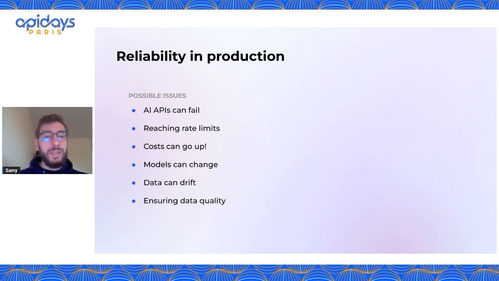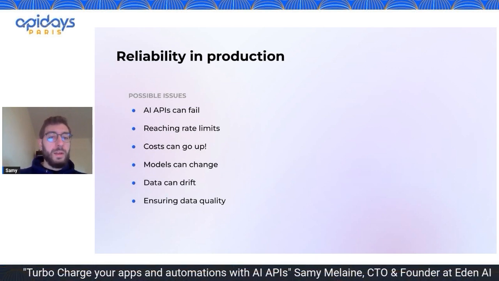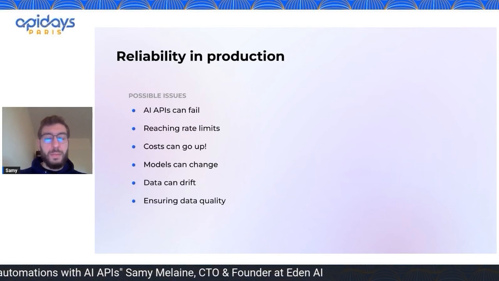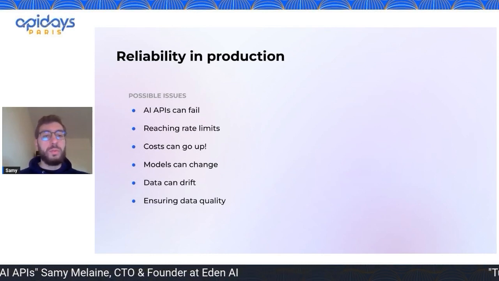You can also have some data drift. That's a concept of, let's say you have some specific information that is processed by your API concerning one user, and in a couple of weeks you're adding more users with a little different type of data. Then the models that you are using can actually act differently on those new users' data.